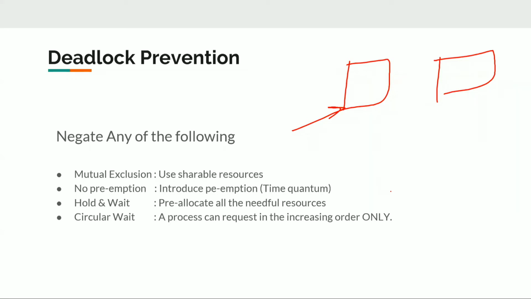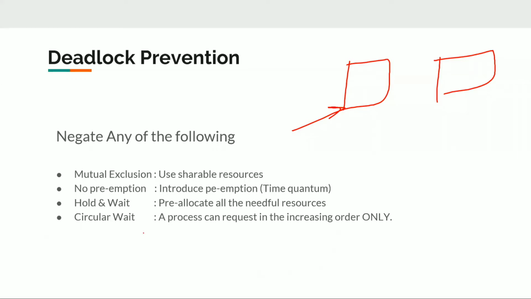We don't want that, because we don't want all the resources assigned to only one process while all other processes are waiting. That's not how operating systems work. So hold and wait is of course very non-practical.